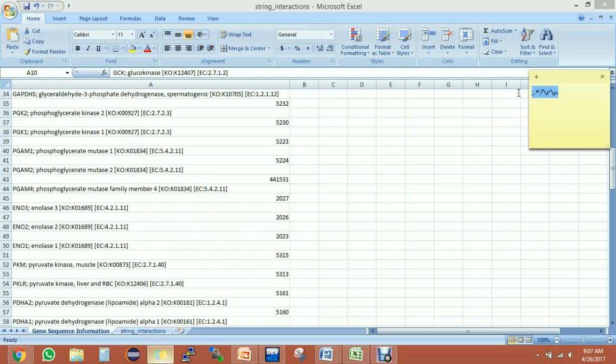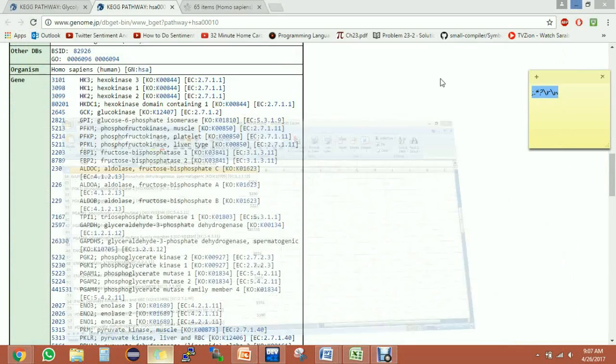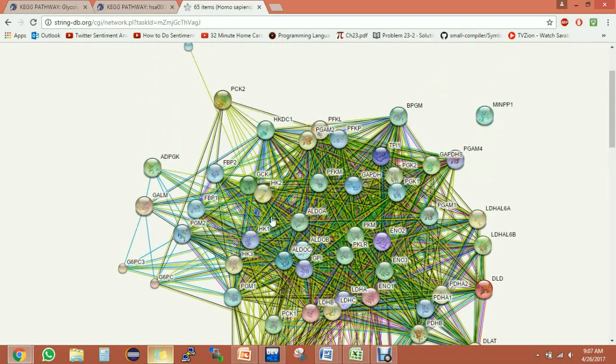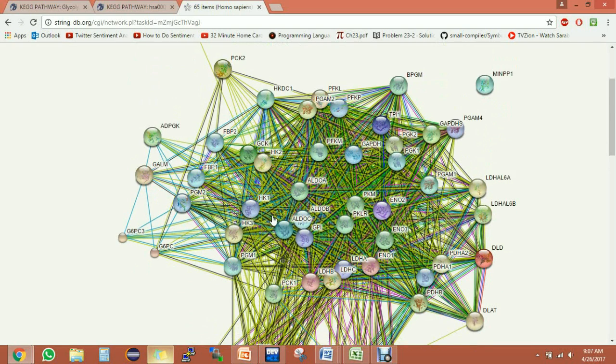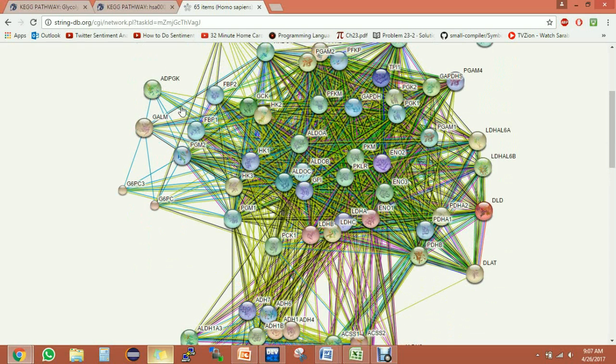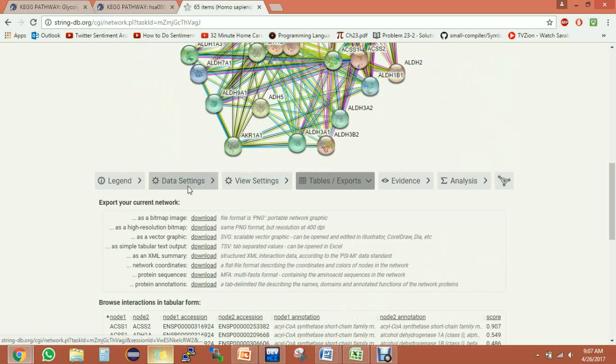So using this regular expression, I can filter the nodes which I give as input to the STRING database tool. This is the network which I obtained after inputting the gene information from the KEGG pathway database. It has different data settings.